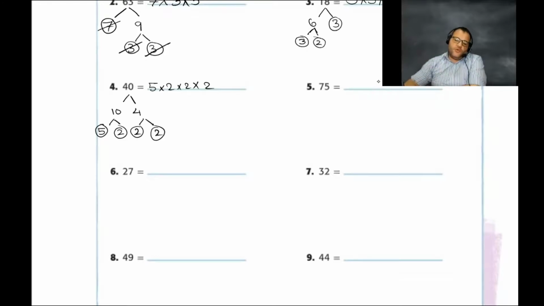Who can solve with me question number 5? I need two numbers. Abdurrahman. Yes, Abdurrahman. 75. If you multiply them, the answer will be 75.